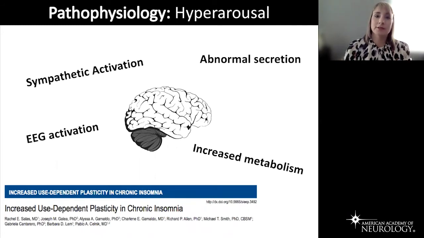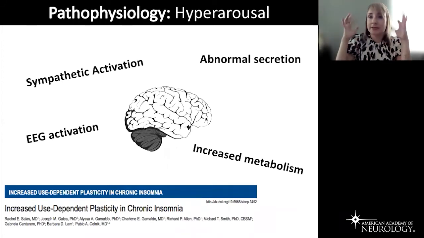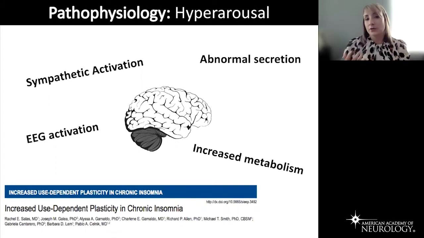People with chronic insomnia have increased sympathetic activation, not just at night, but 24/7, abnormal secretion of hormones like cortisol, and increased metabolism in the brain. I've done work with transcranial magnetic stimulation showing that people with chronic insomnia have increased cortical excitability. It's always just on, there's always stuff going on. A lot of times patients with insomnia are thinking about things or worrying about things, and they can't shut down so that they can go to sleep.